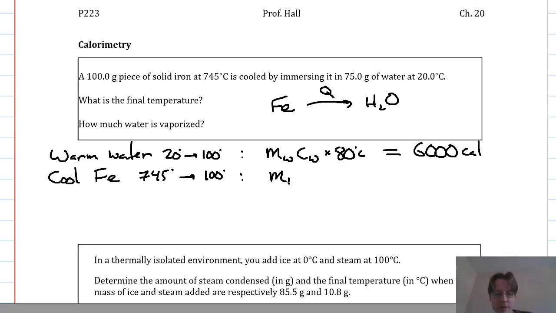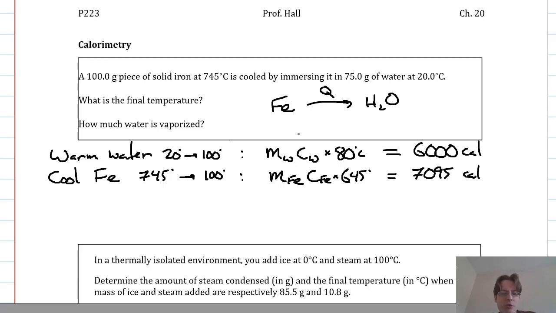That's mass of iron, specific heat of iron, times a temperature drop of 645 degrees. So we've got 100 grams of iron. We have to look up C for iron. It's 0.11 calories per gram per degree. So this comes out to be 7,095 calories.